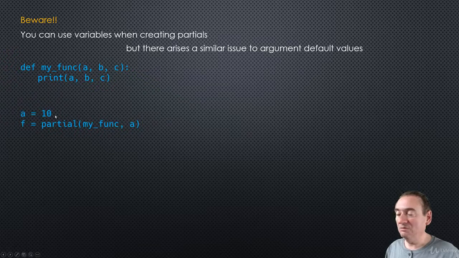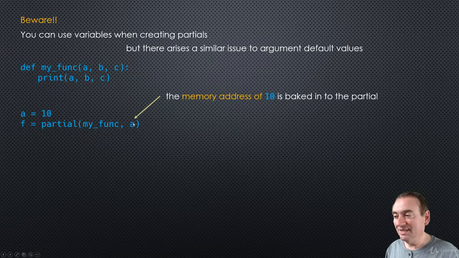Let's say we have a equals 10, and now we say f is equal to partial of my func, comma, a. What's happening here is that the memory address that a is pointing to is baked into the partial, not the label a, right? Remember, what's getting passed in here is not the label, it's the memory address, the reference that a has. So be careful, because it's 10 really that's coded into partial, not a.